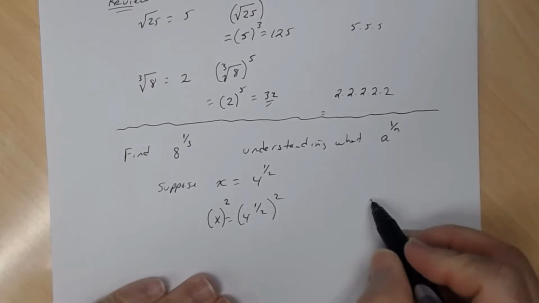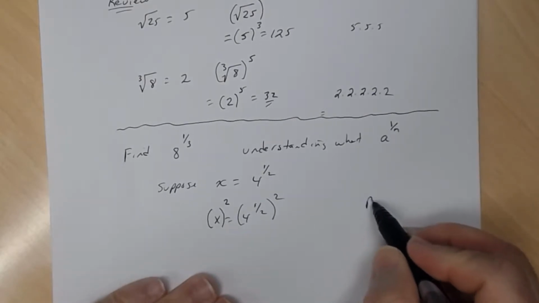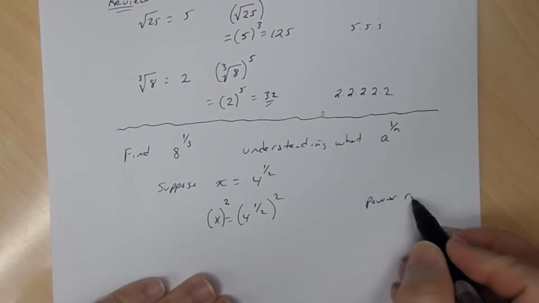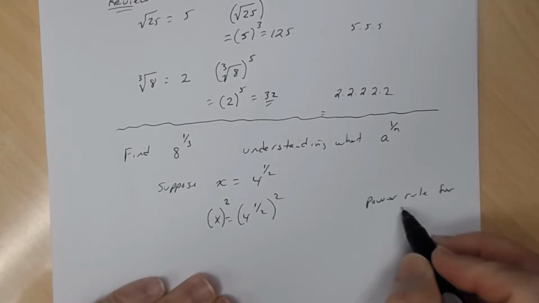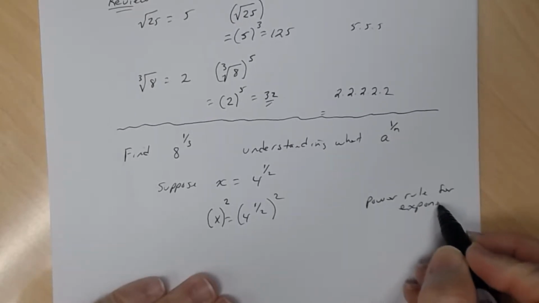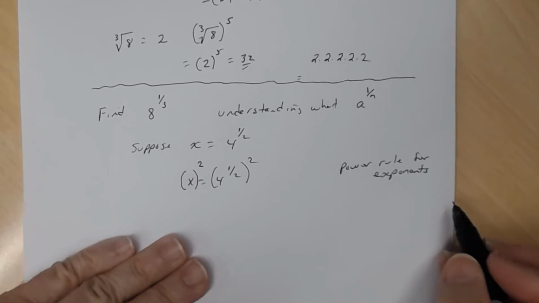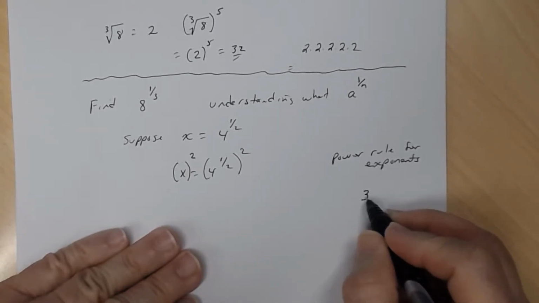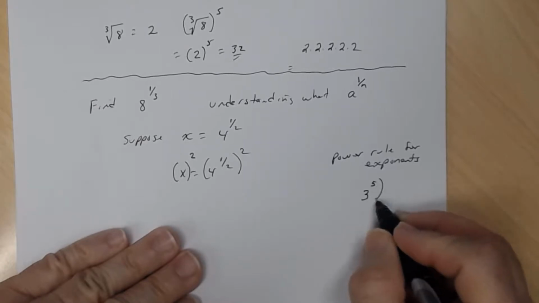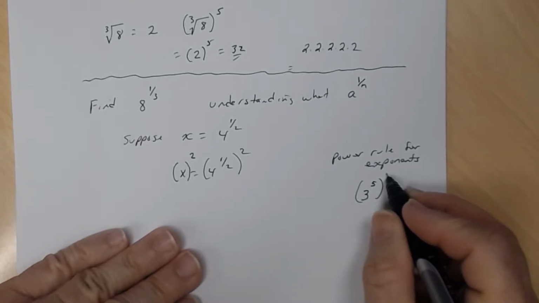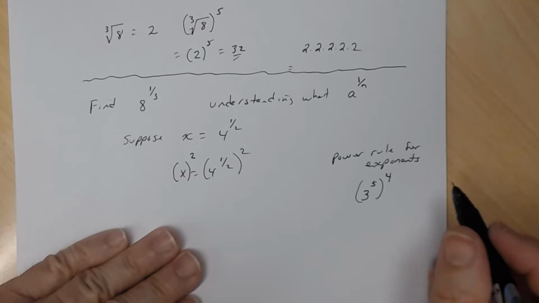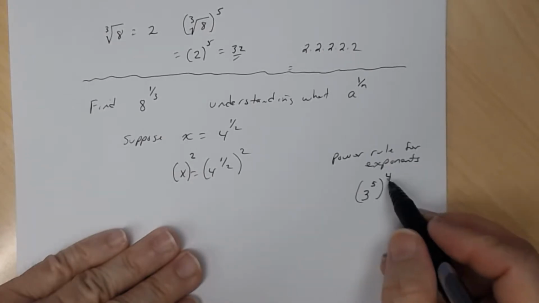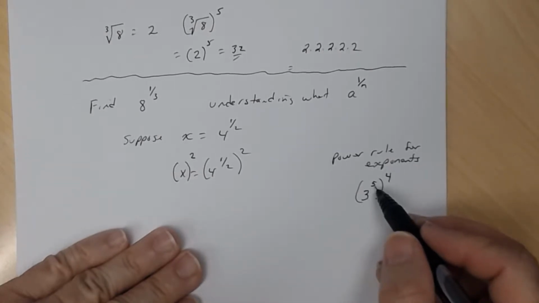And then we also learned this in a previous course. We learned something called the power rule for exponents. In the previous course, the power rule for exponents said something like this. If I have, let's say, 3 to the 5th power, and all that's being raised to the, let's say, 4th power, then I can simplify this by doing this.